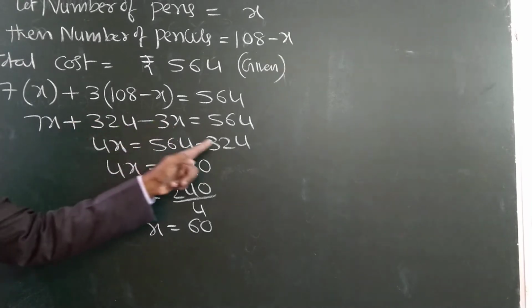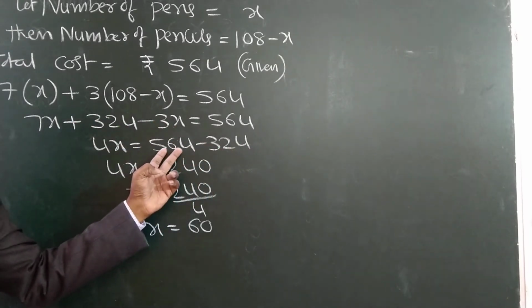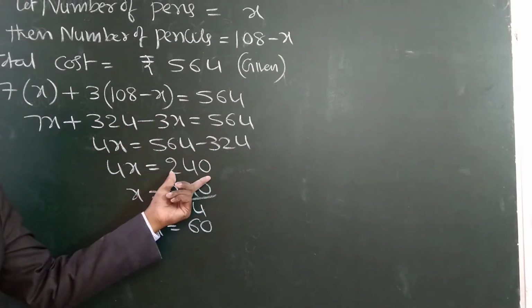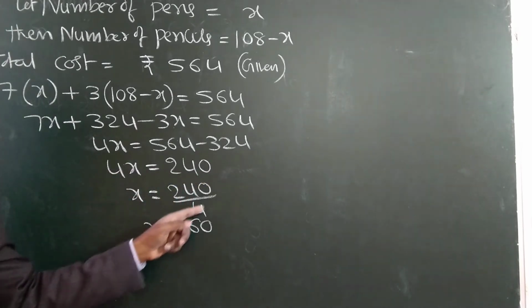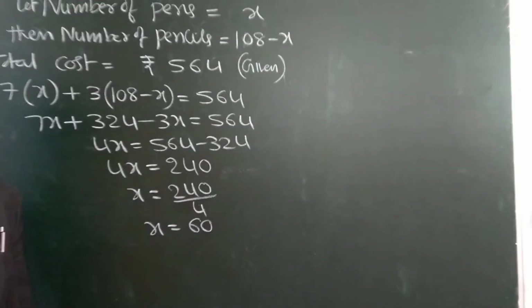Plus 324 on the right side becomes minus 324. 564 minus 324 is 240. 4 is in multiplication, so it goes to division. 240 by 4 is 60.